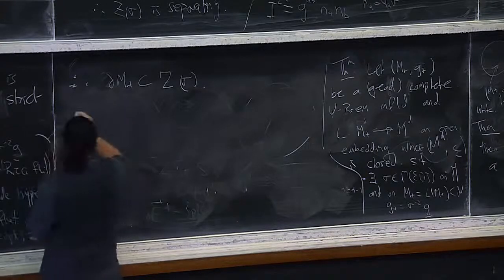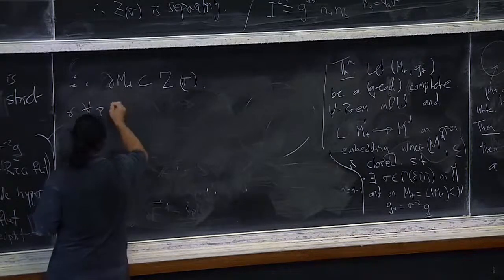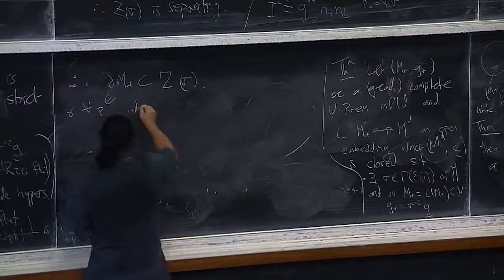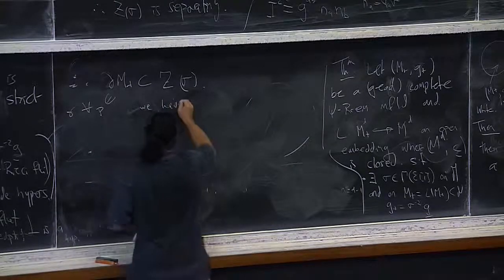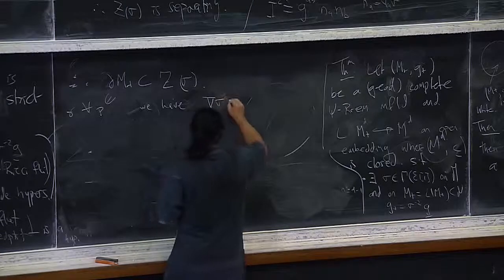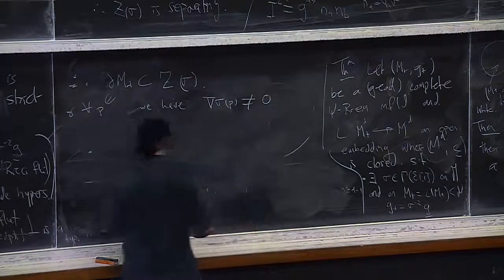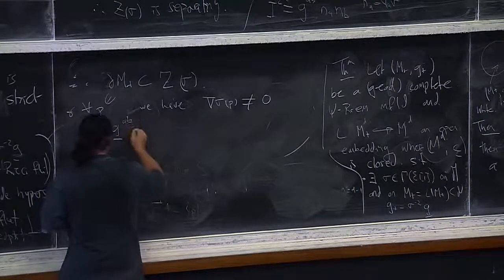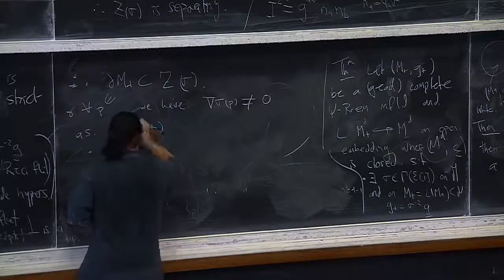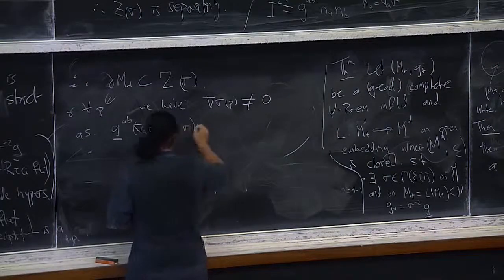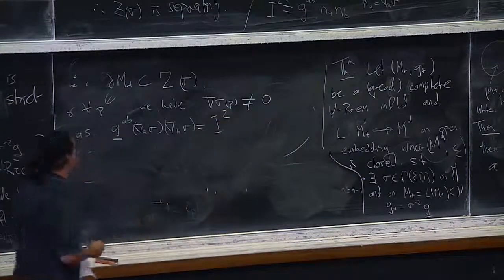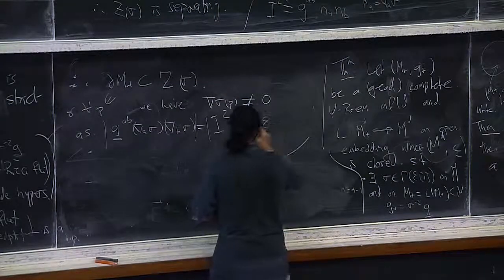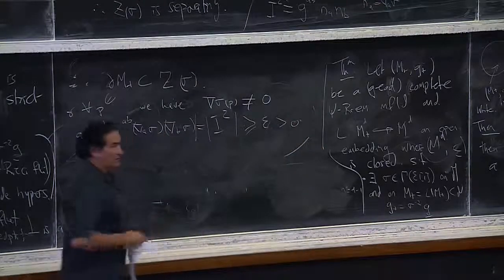And what's more, for all p in there, we have that the derivative of sigma at p is not equal to 0, because as we explained, this g^{AB} grad_A sigma grad_B sigma is going to be equal to I squared, which is not 0 because this thing was bounded away from 0 on the topological closure.